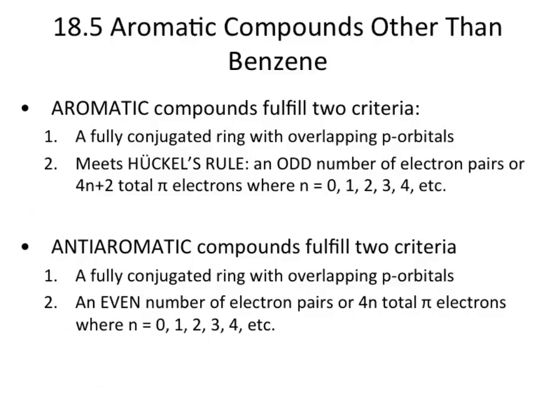One option, instead of remembering that formula, is you could remember the pi electrons. So 2, 6, 10, 14 for your aromatic. After 14, the pattern does continue. I doubt that they'll show any out there.